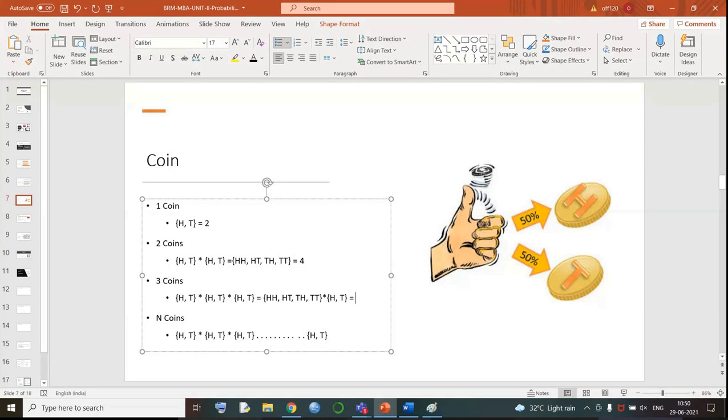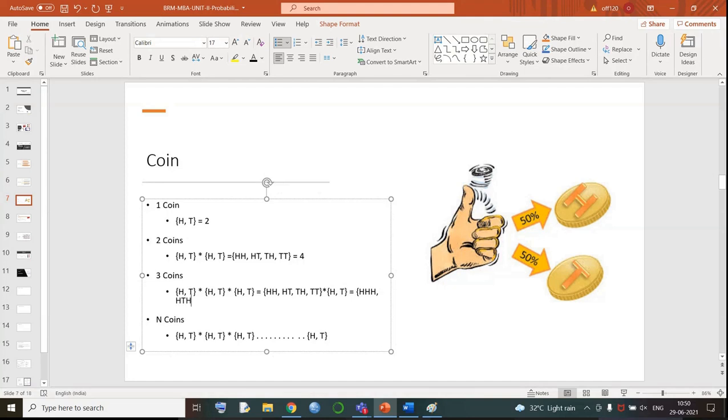The result is that we now get all these with the combination of head first. So we may get head, head, head; next head, tail, head; next tail, head, head; next tail, tail, head.